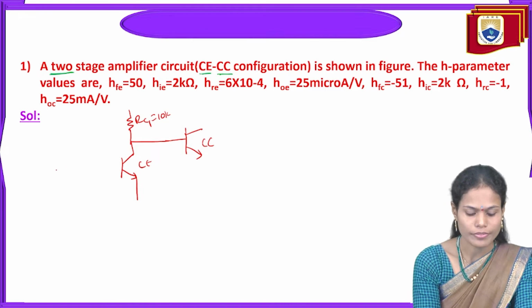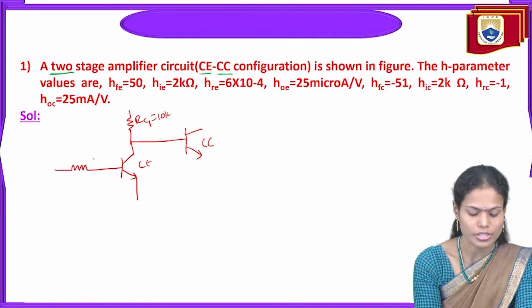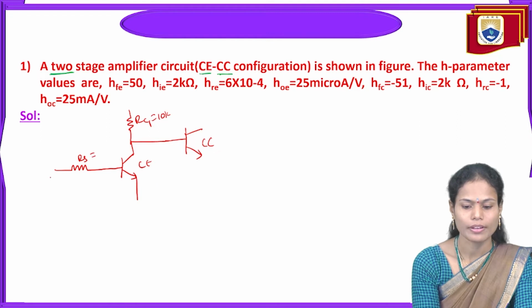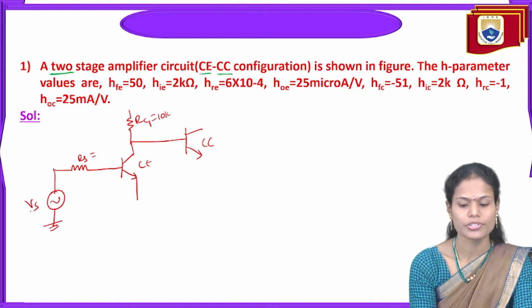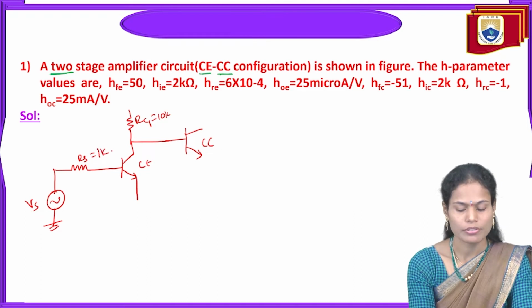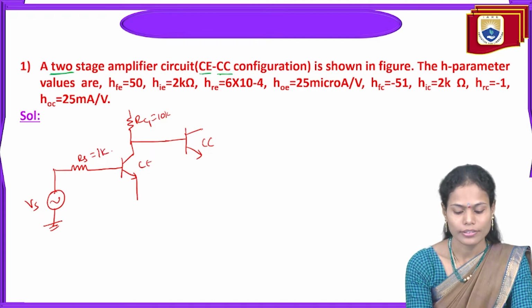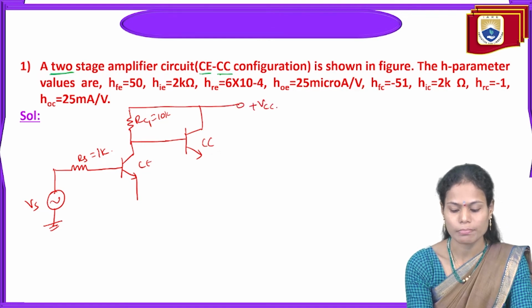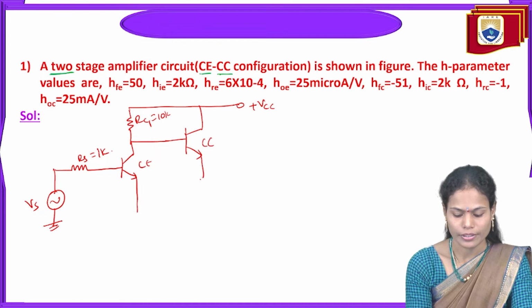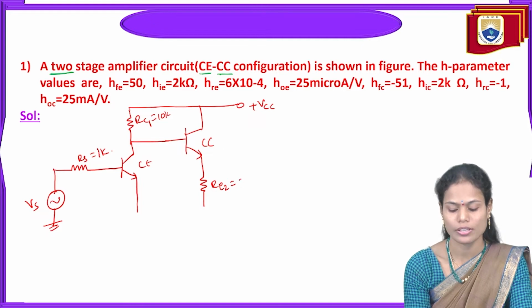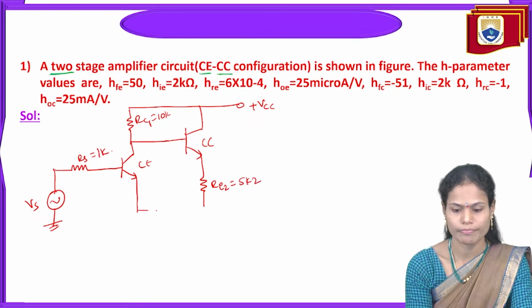And we are also having the source resistance RS, through which we are applying the Vs voltage, and this value is 1 kilo ohm. And these two are applied with the common supply, that is plus VCC. And here we are also having the RE2 resistance, value is 5 kilo ohms.